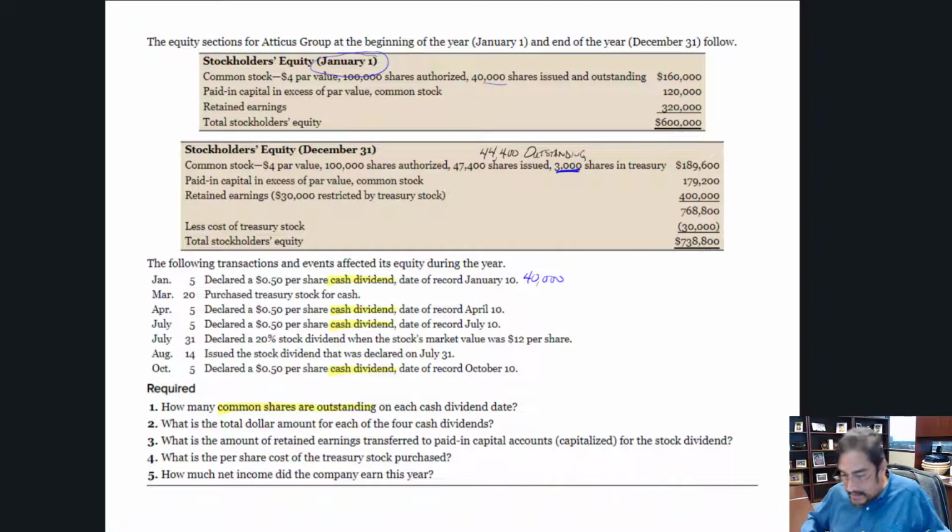So that means that on April 5th, it's 40,000 shares minus 3,000. So 37,000 shares outstanding. And nothing happened between April 5th and July 5th, so it's the same 37,000 shares outstanding. The 40,000 issued minus the 3,000 that we repurchased on March 20th gets us to 37,000 shares on April 5th and July 5th.